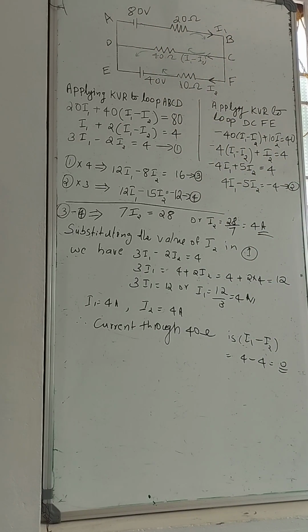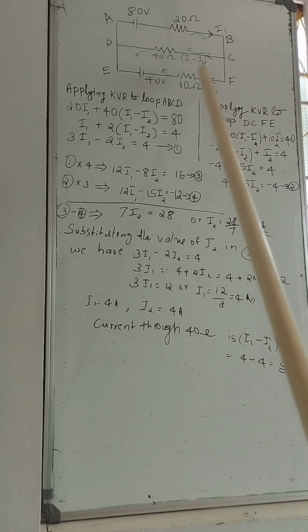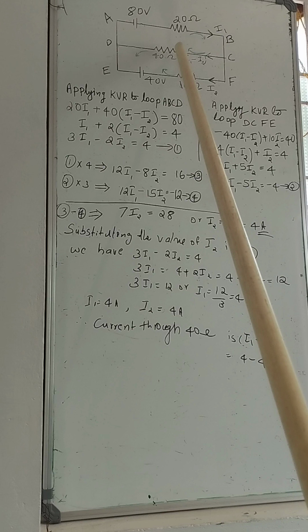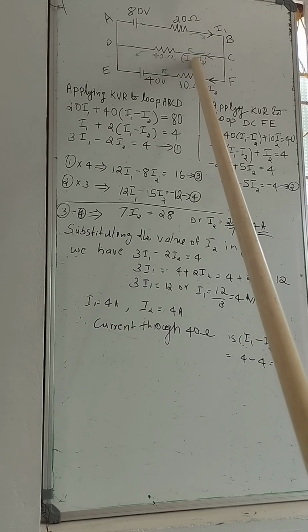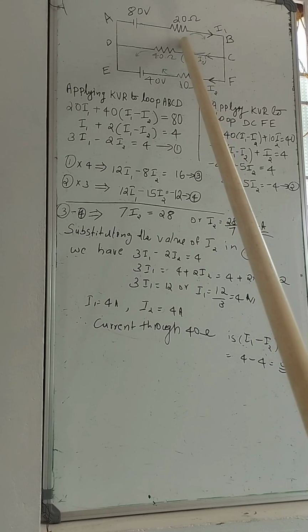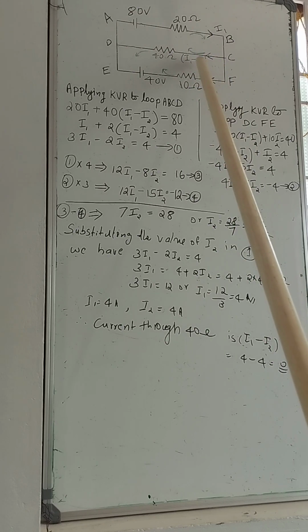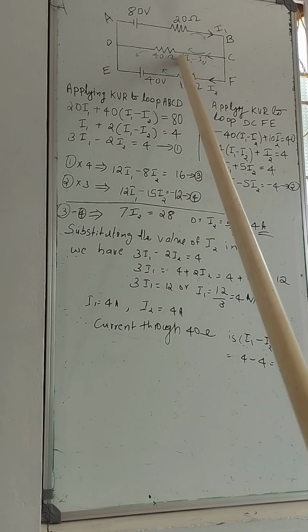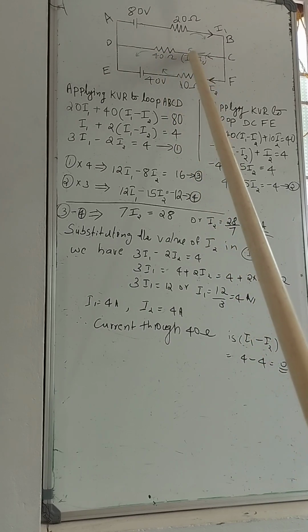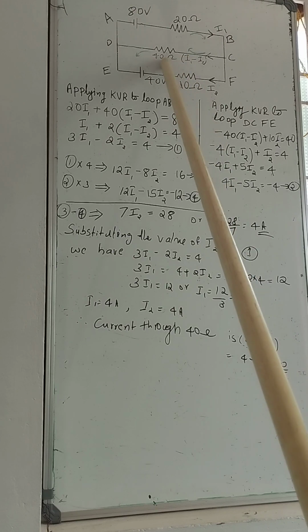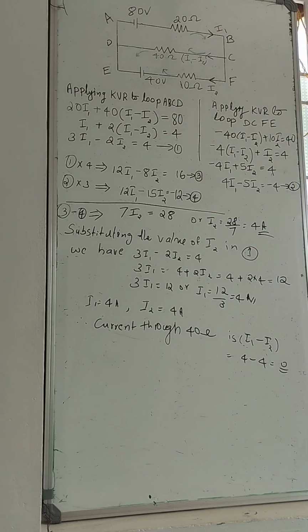In the second loop two devices are there. The current I1 minus I2, which in the first loop we considered clockwise, viewed from the second loop is anti-clockwise, that is opposite to the preferred direction.